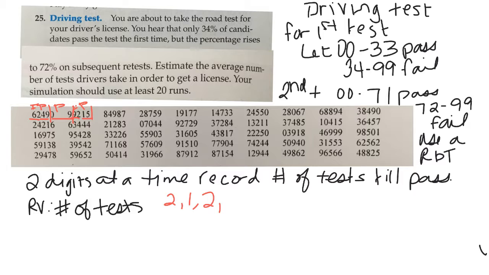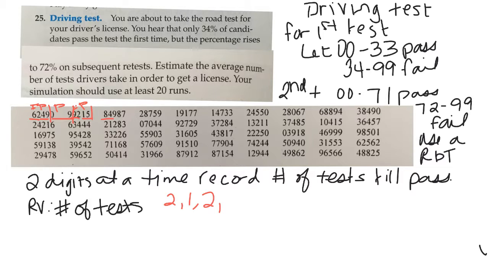Okay, so it wanted you to do this 20 times. 09 was a pass, so that was only 1 test. Yes, we're going to count how many times we have to take the test till we pass. Okay.